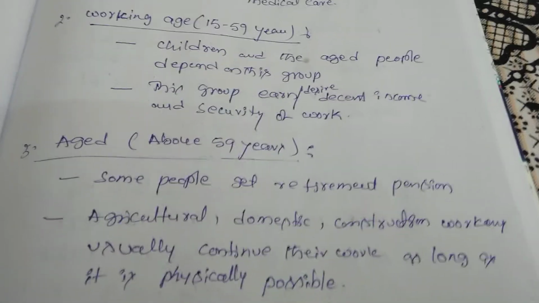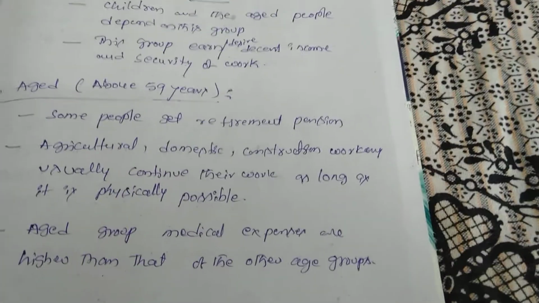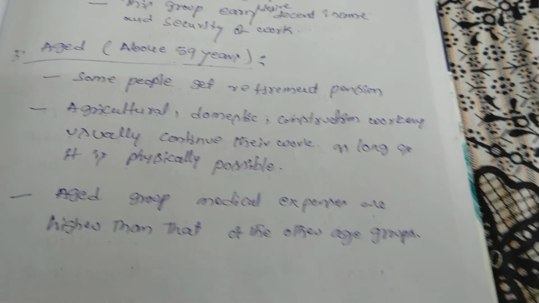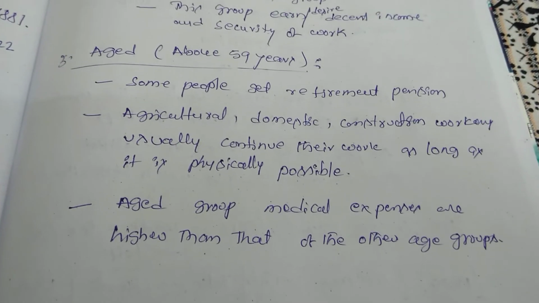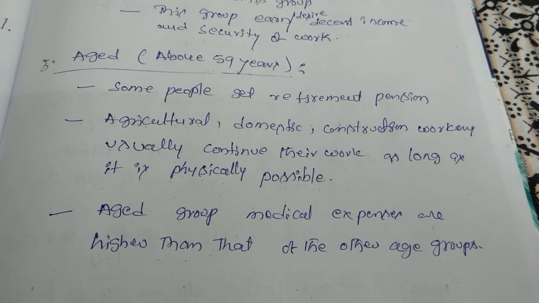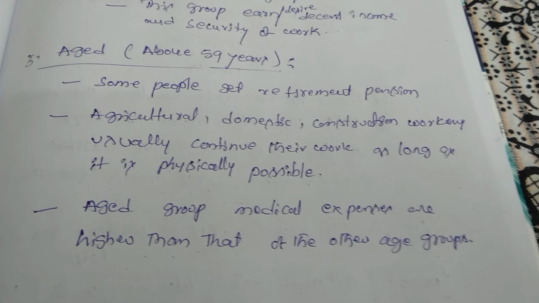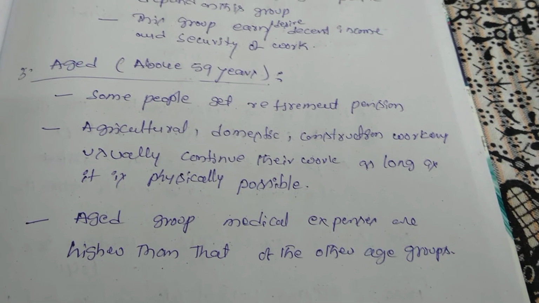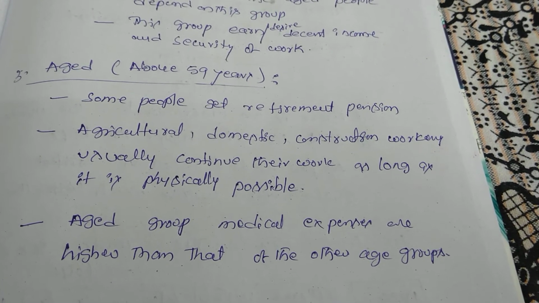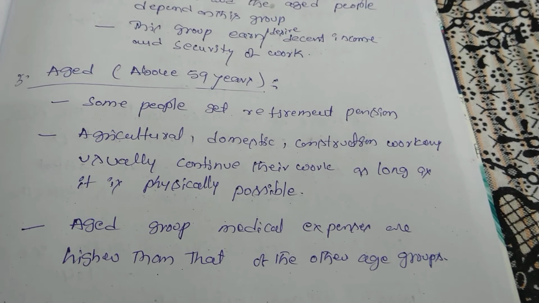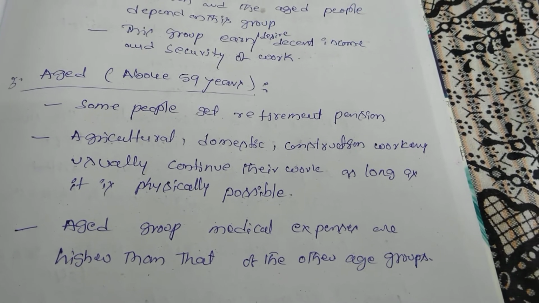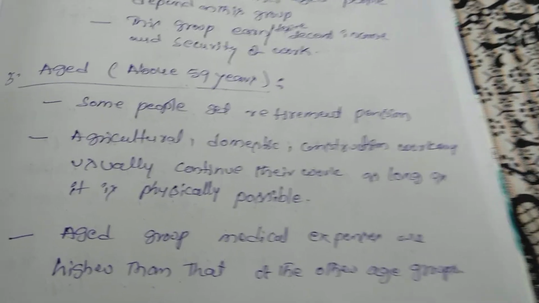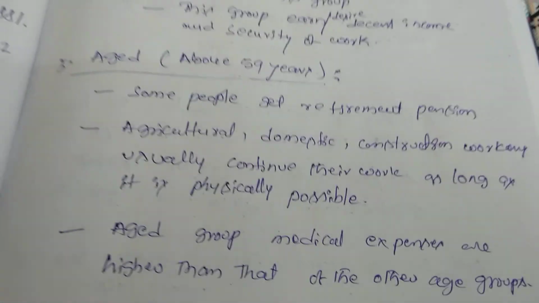Okay, the aged group's medical expenses are higher than those of the other age groups. Why? Because after 59 or 60 years they may face different health or physical problems, knee pains, gastric problems, or indigestion problems. So they have more problems compared with the other groups.